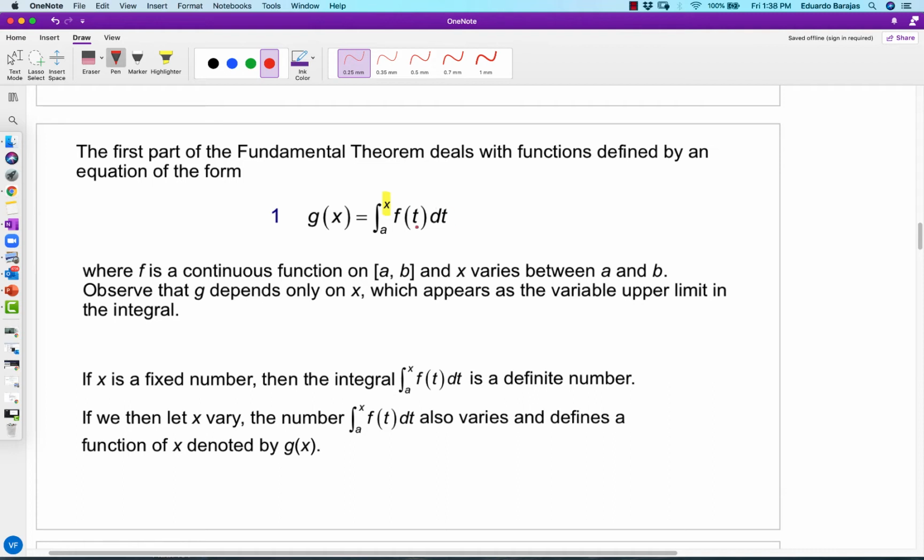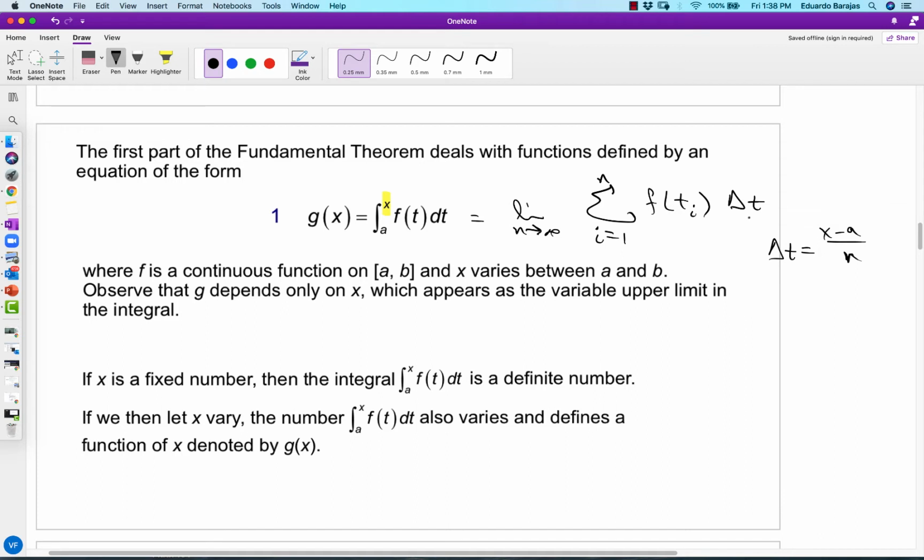Remember what this is defining. Let's go back to the limit definition. This results as the limit as n goes to infinity of the Riemann sum as i goes from 1 to n of f of t sub i times delta t, where delta t is equal to x minus a over n.